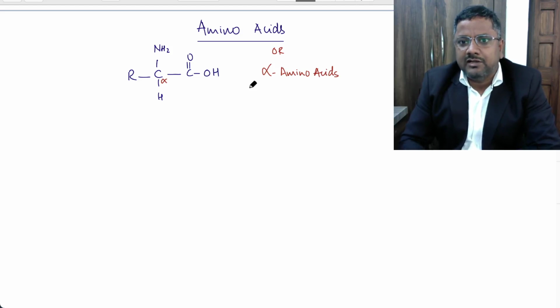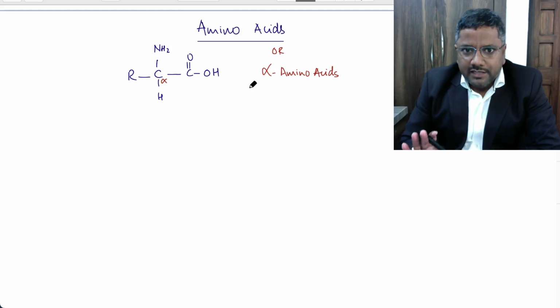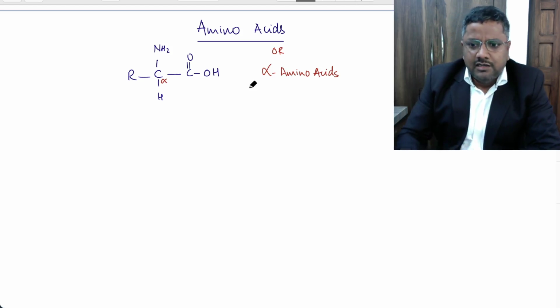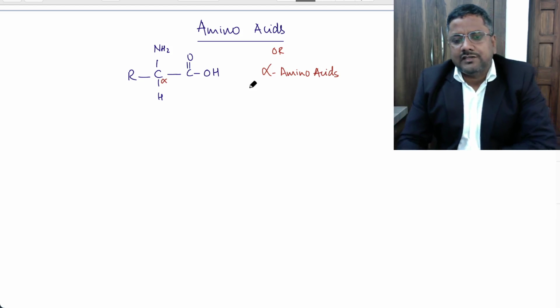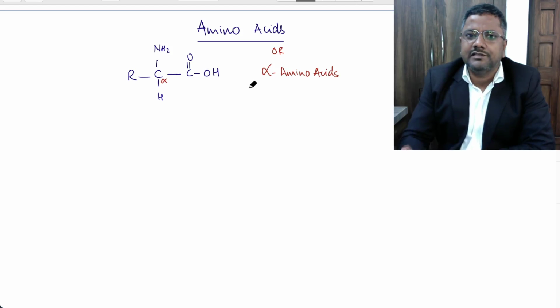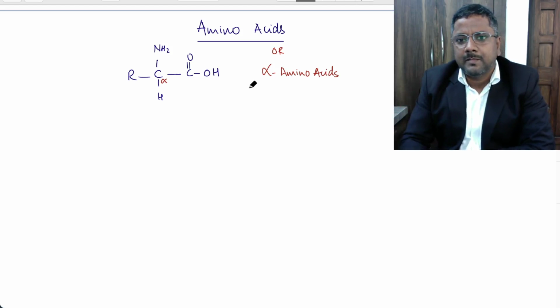They are in your syllabus. That's why our main focus is alpha amino acids, not beta, not gamma, not delta. Every kind of amino acid is possible, no problem, but this is important for us.